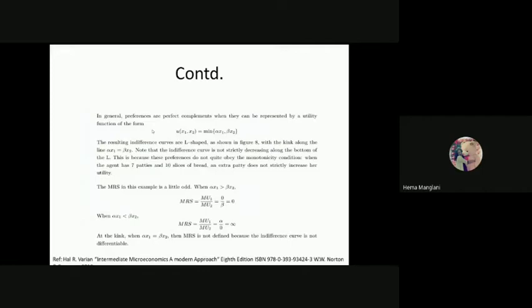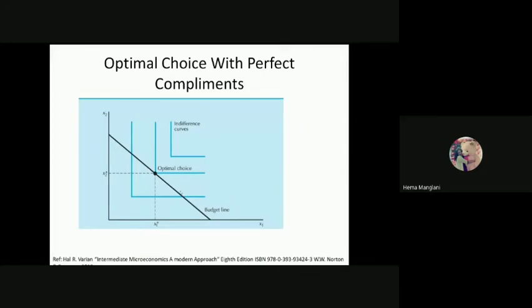As yesterday we discussed the function for perfect complement goods, the utility of x1 and x2. If we assume there are two goods which have the relationship of perfect complement goods, following the minimum of x1 and x2, both are required. So it means you require this much x1 and you also require this much x2 to complete your consumption.